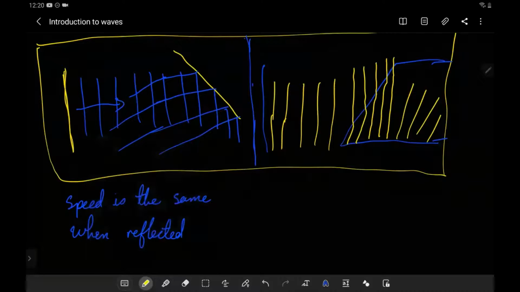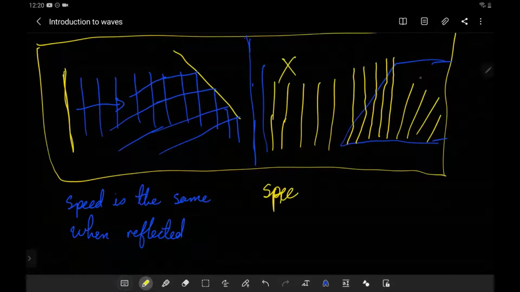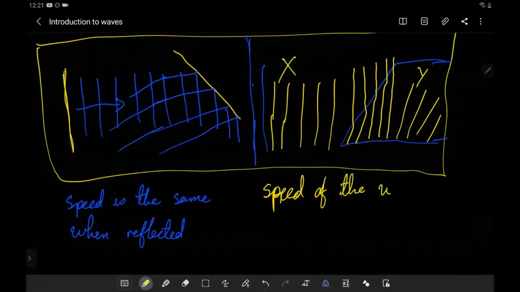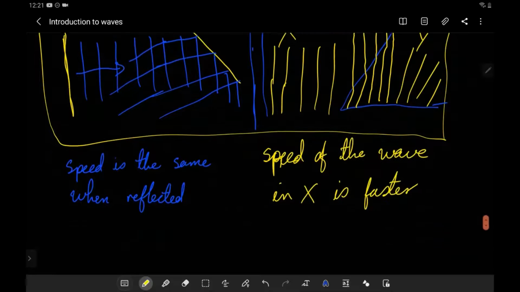And we would see that the wave has to travel a longer distance rather than a straight line. Or you could say that the speed of the wave changes. So if we call this outside here x and this inside here y, where y is the denser medium, the speed of the wave in x is faster than the speed in y.